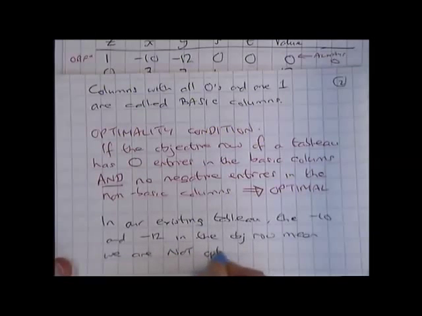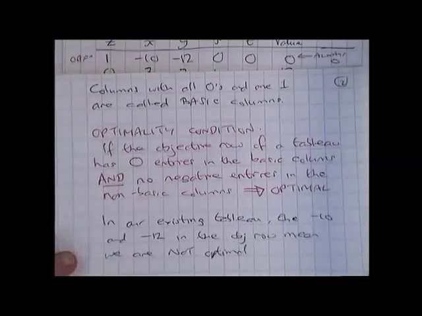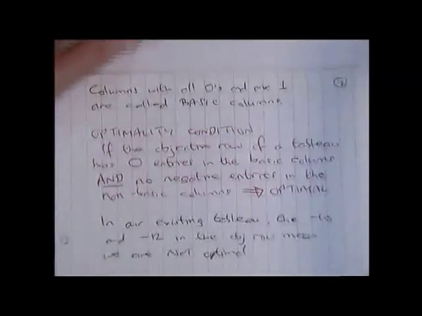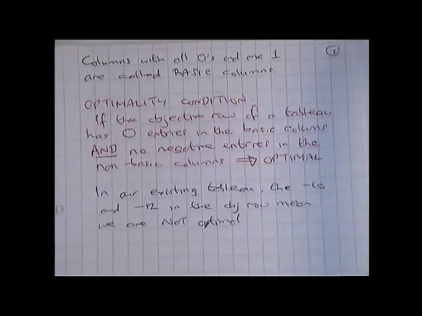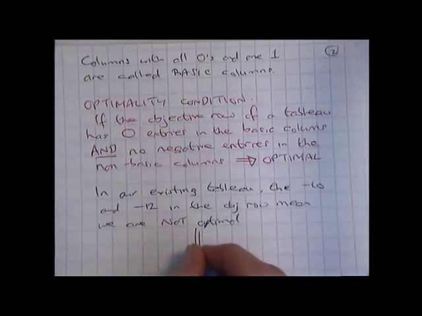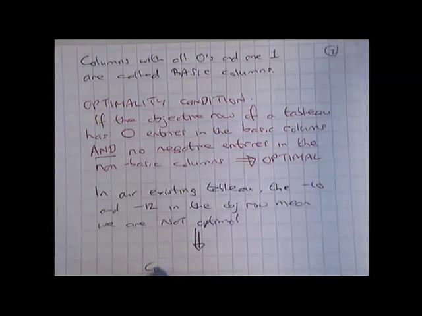Oh, it's just the negative in the objective. Yes, it's just the objective row, the ones you look at for the non-basic ones. And if you're not optimal at the moment, that means you need to create a new tableau.